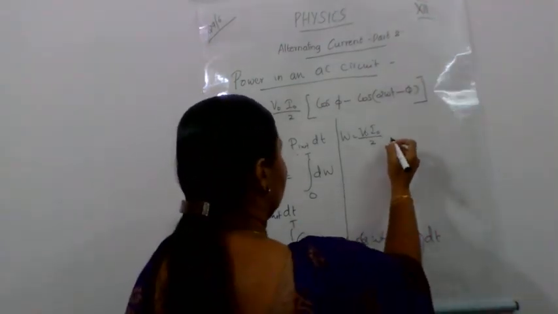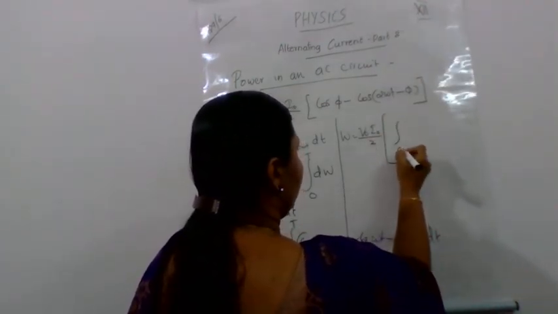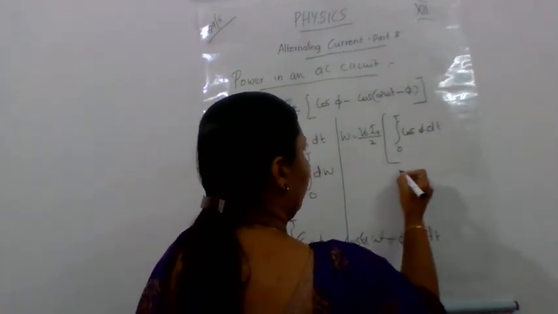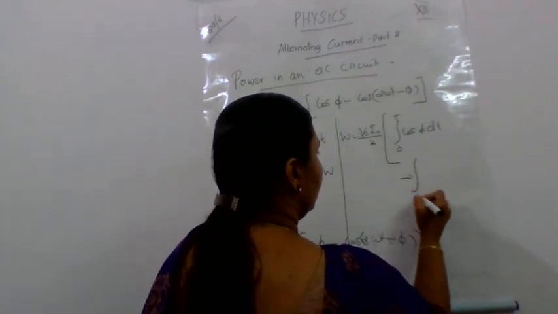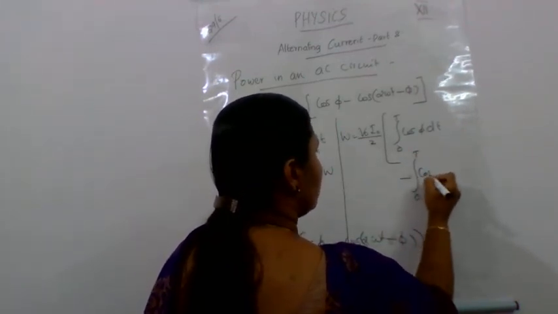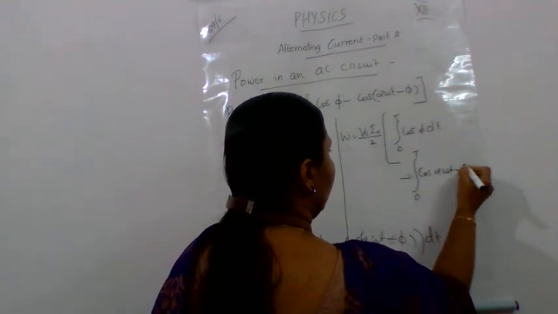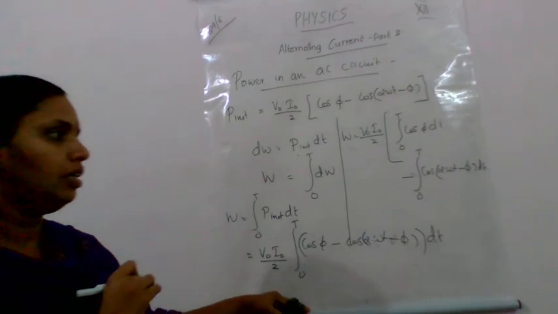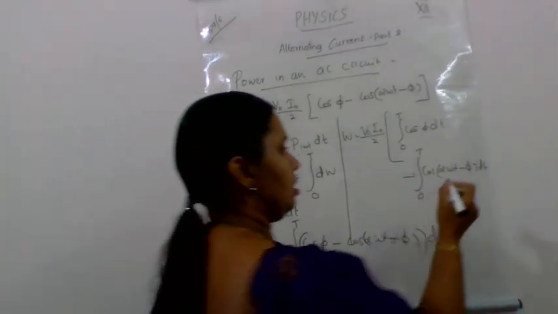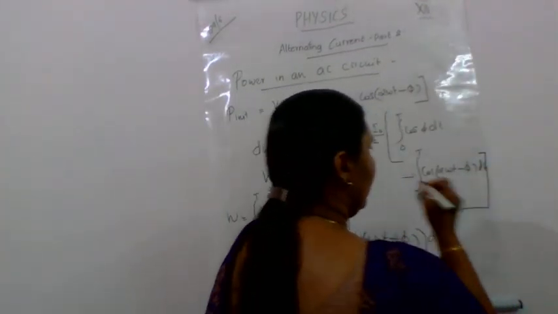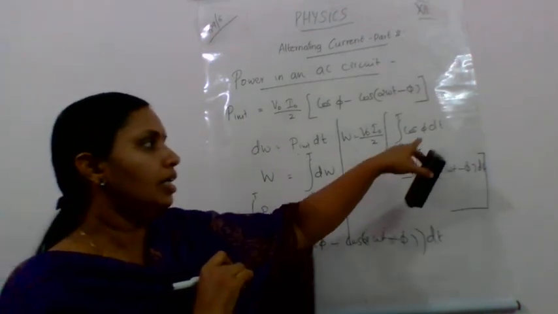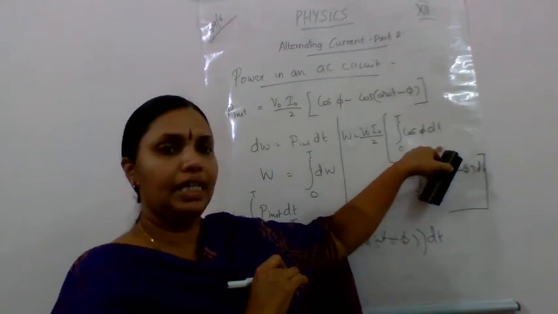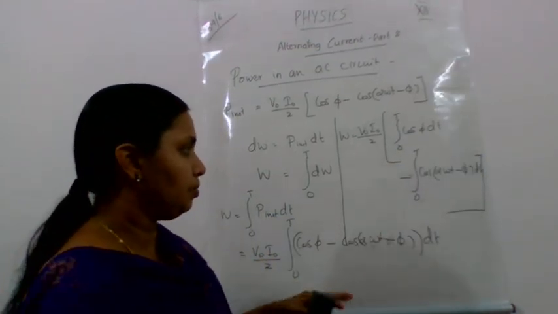So integral 0 to T of cos phi dt minus integral 0 to T of cos(2 omega t minus phi) dt. So two terms are there for integration. Here cos phi is a constant, so integral dt comes, and integral dt is t.